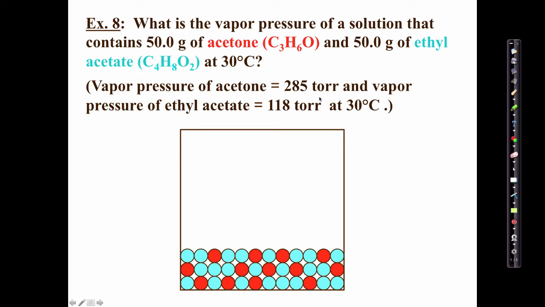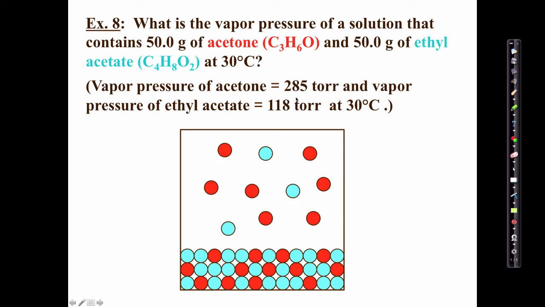And so what's going to happen is, because acetone is a volatile substance, it's going to exert some vapor pressure that's going to depend upon the proportion of acetone in the mixture. And then similarly, ethyl acetate is going to exert some vapor pressure that'll depend upon its proportion in the mixture.